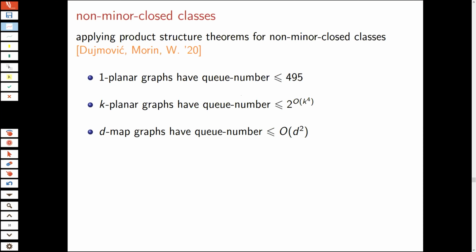And it all comes from having a product structure theorem that's always of the form G is a subgraph of H times some path where H is bounded tree width. And sometimes with a small complete graph as the third component. And there's other examples that I won't go into.